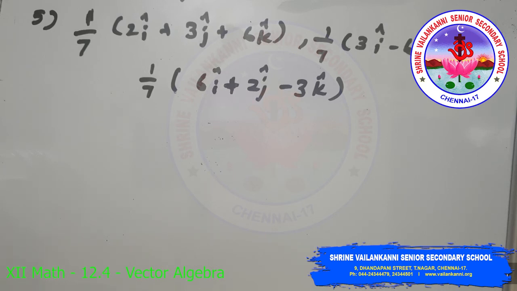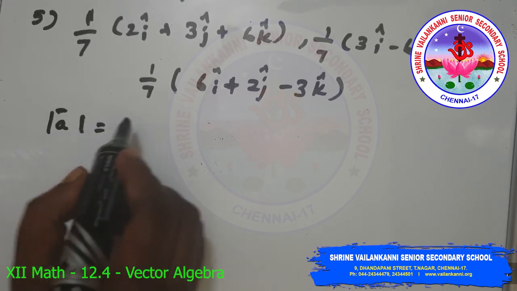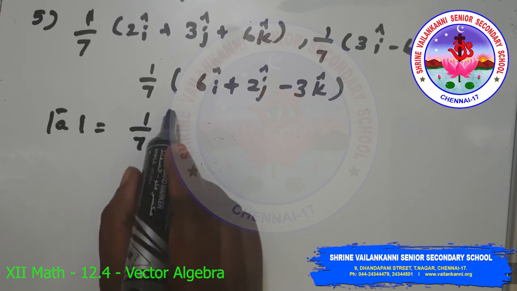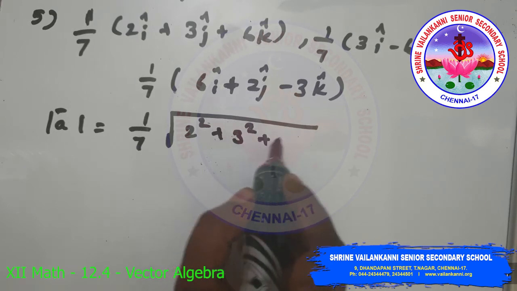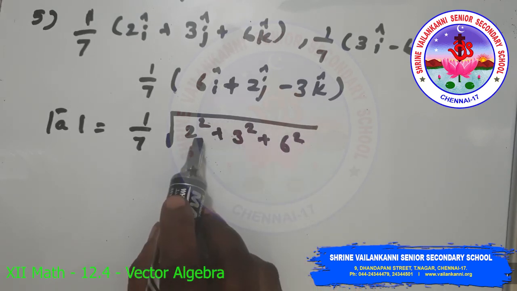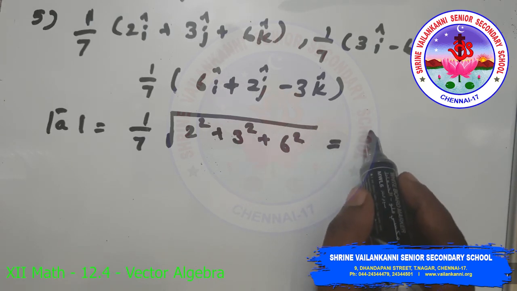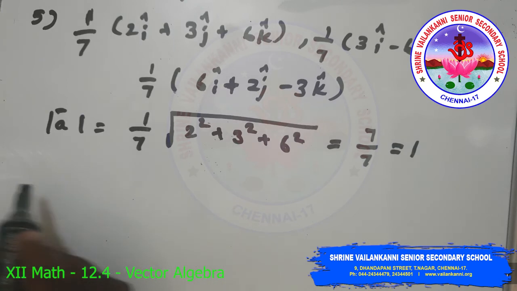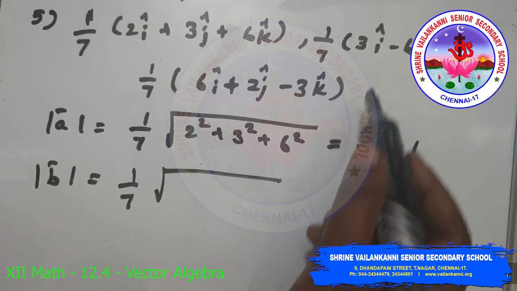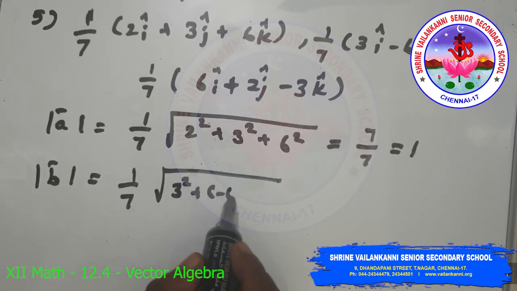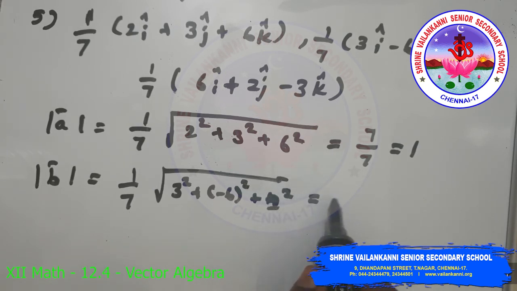So let's first find the magnitude of A, which is 1 by 7 root of 2 square plus 3 square plus 6 square. So 4 plus 9 plus 36, which is 49. So root 49 is 7. 7 by 7 is 1. Then magnitude of B is 1 by 7 of root 3 square plus minus 6 the whole square plus 2 square, which is the same root 49.